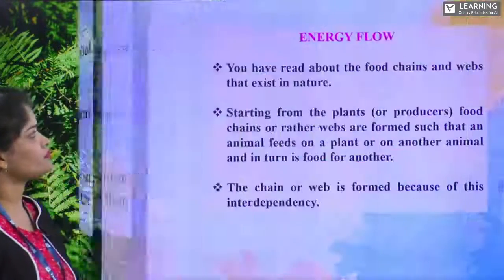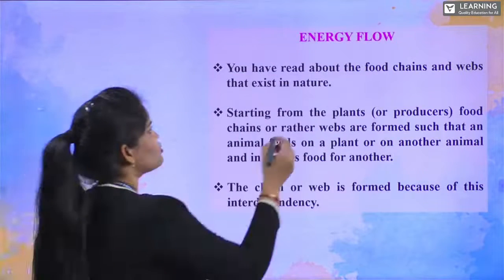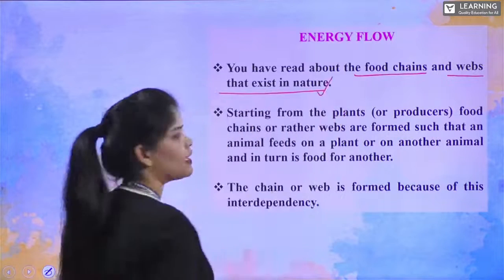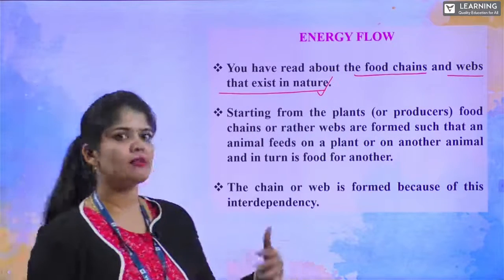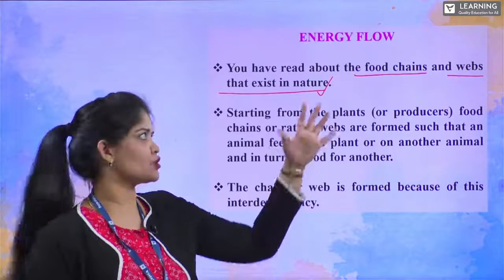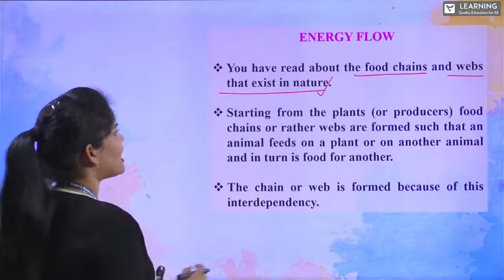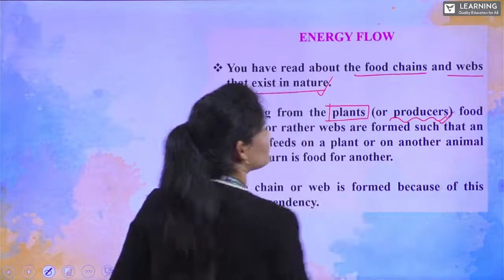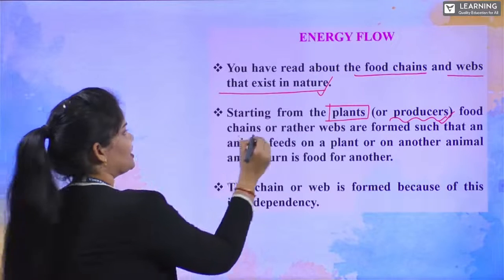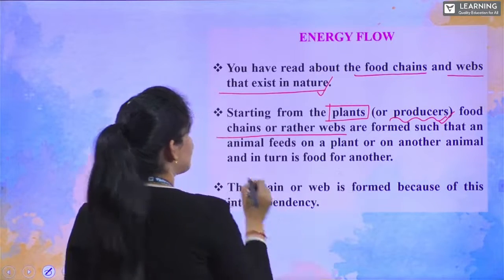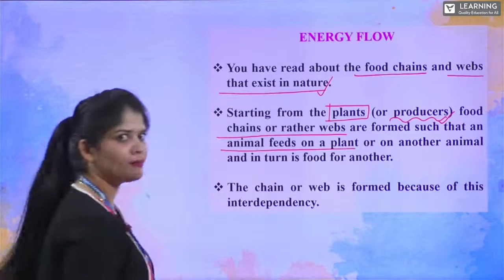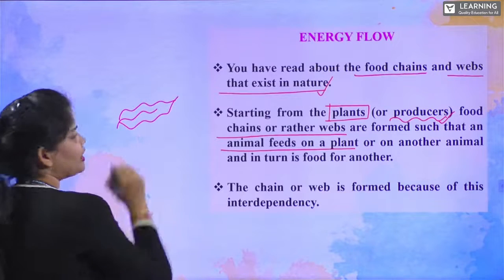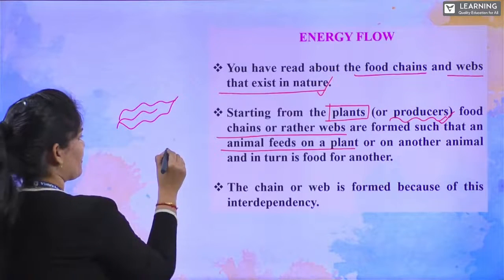Now, we have read about food chains and also food webs that exist in nature, right? It may be in the terrestrial ecosystem or the aquatic ecosystem. We do find the presence of these chains and webs. Starting from plants, that means producers, food chains or rather webs are formed such that an animal feeds on the plant.